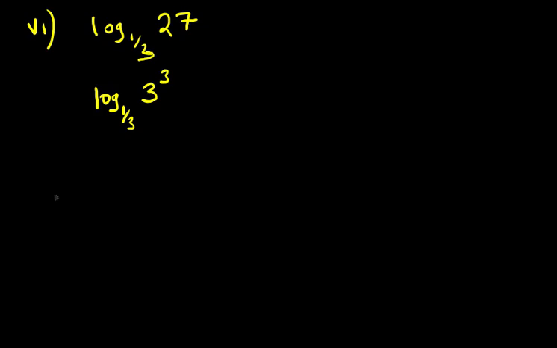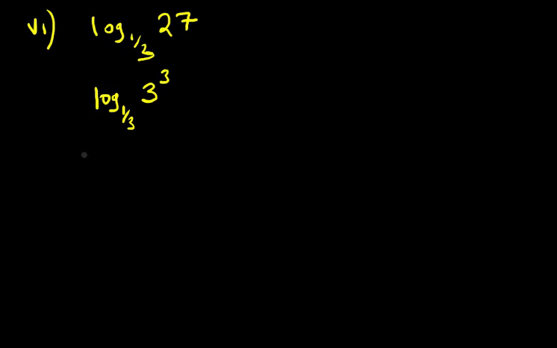So question 6 says, log 1 over 3 of 27. Remember, we need to make sure that the bases are the same. We need to make sure that this is equal to that. So we can rewrite this as log 1 over 3, then 27, that is 3 raised to the power 3, right?